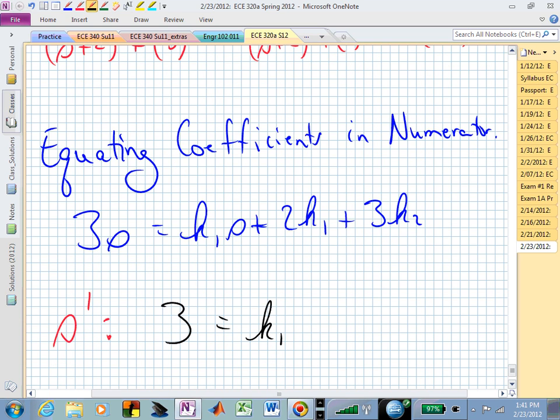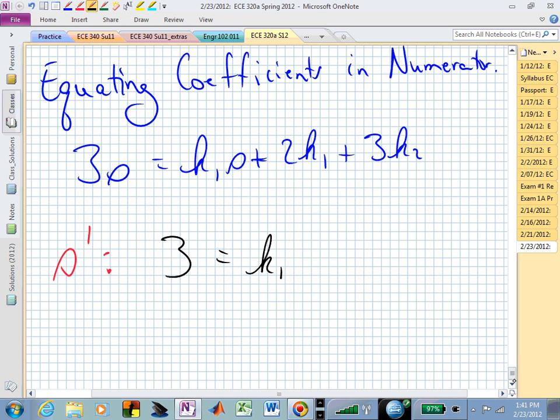So K1 is 3. If we now look at the constant coefficients, what do I have on the left? What coefficient scales s to the 0? Or what's my constant coefficient on the left? 0. I do not have one. But what do I have on the right?